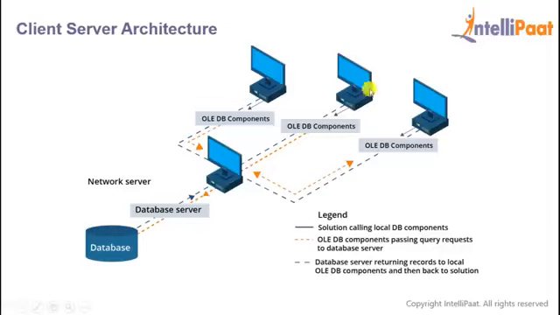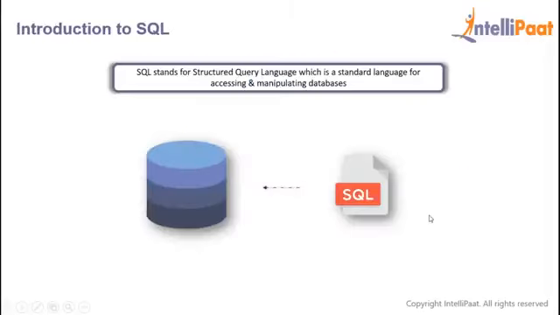So you'll send a request from this system to the network server. Now this network server sends the same request to the database server and this is finally forwarded to the database. And then the final result is sent back to the user system. So similarly, if there are three users sending the same request, the database server will process all the three requests simultaneously and send back the result to all the three systems. So that was about the types of database architecture.